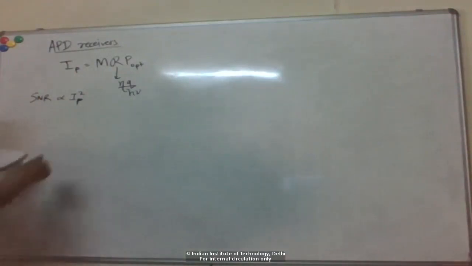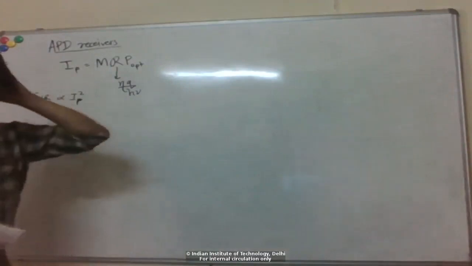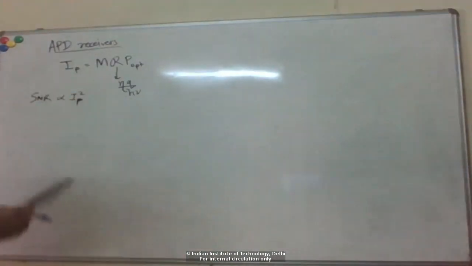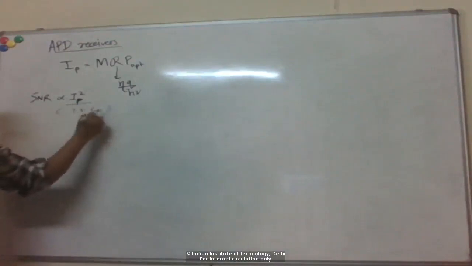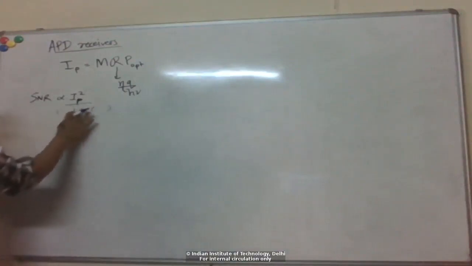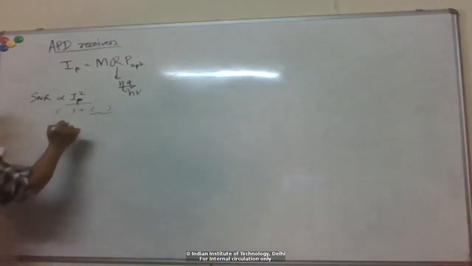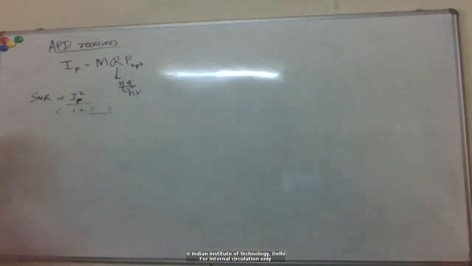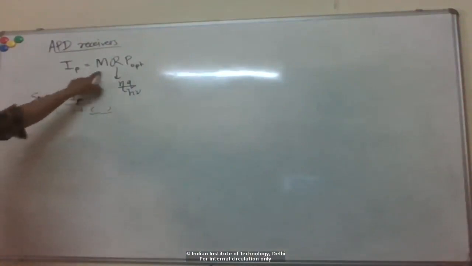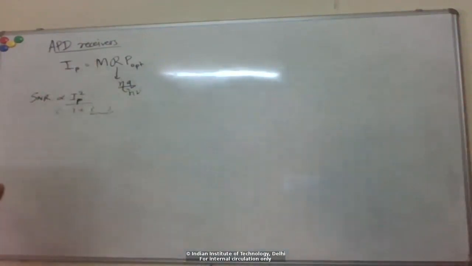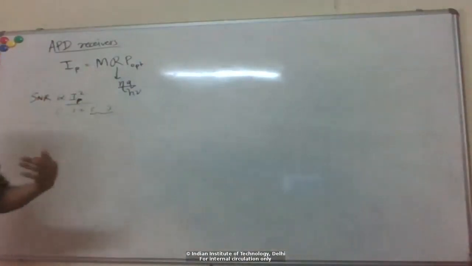So that would be true if, for example, we were still in the thermal noise limit. In the denominator here we have the shot noise plus thermal noise. If you were in the thermal noise limit, that is independent of the photocurrent. So the SNR will go up by a factor of m square, and we saw that typical values of m for the APD are maybe 10 to 40.